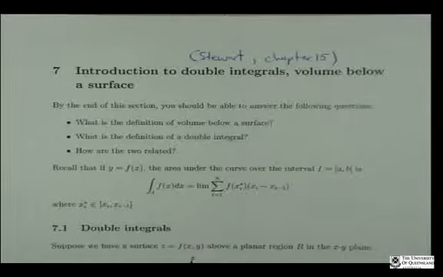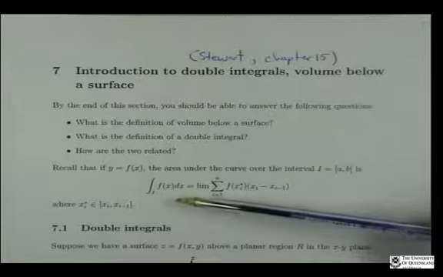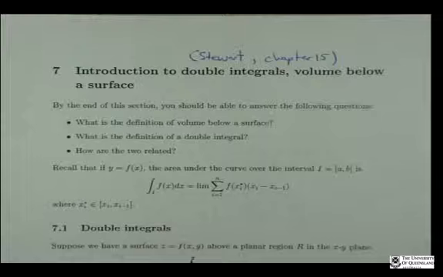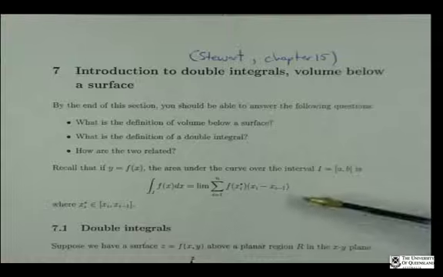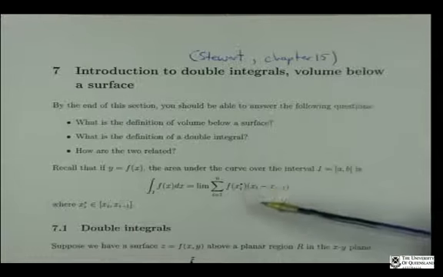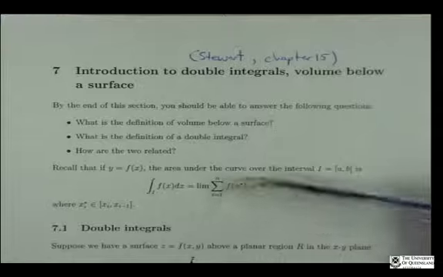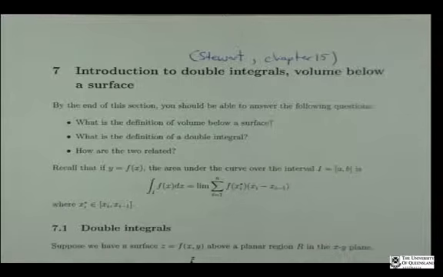actually, I'll just want to remind you about something relating to the definite integral of a function of a single variable. And you'll see why I'm talking about it here right at the start of this lecture, because what we're going to be talking about, the double integral and its relationship with volume below a surface, is analogous to the relationship between this definite integral of a function of a single variable and the area below a curve.